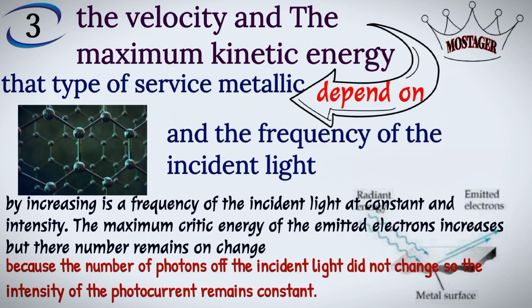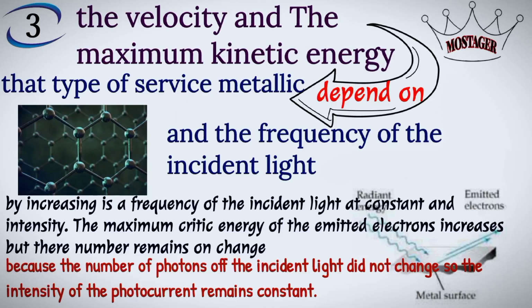The number of electrons increases by increasing the intensity, or the number of photons of the incident light. When the number of photons changes, the number of electrons changes.